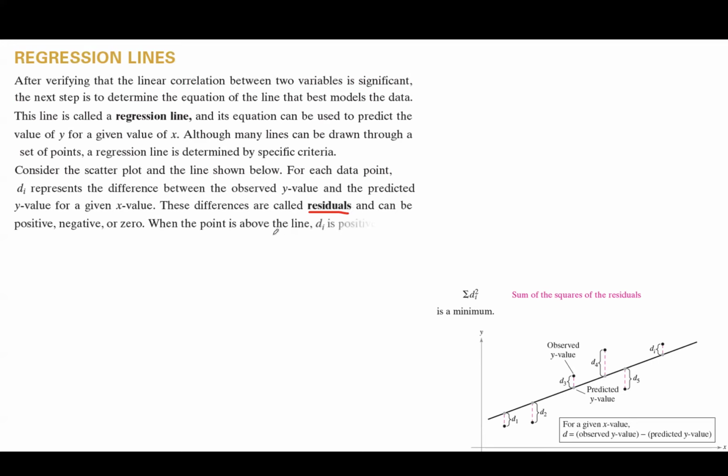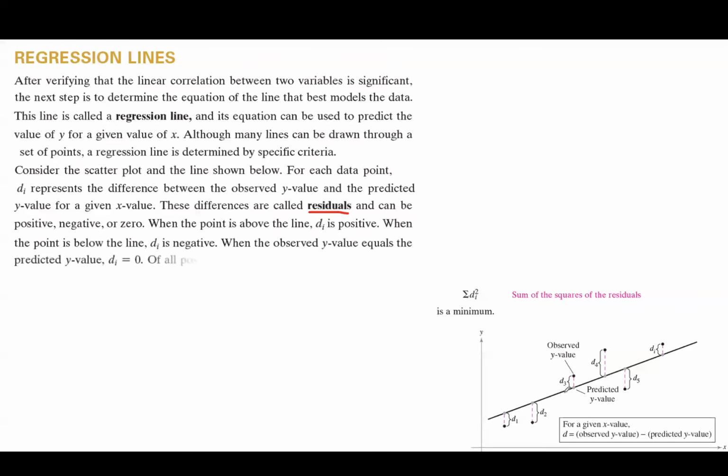When the points are above the line, like these two points, then di, the difference between the observed value and the predicted value, is positive, because the observed value is more than the predicted value. The residuals can be negative as well. If the points are below the line, the observed y value is smaller than the predicted y value, so the difference between them is going to be negative.